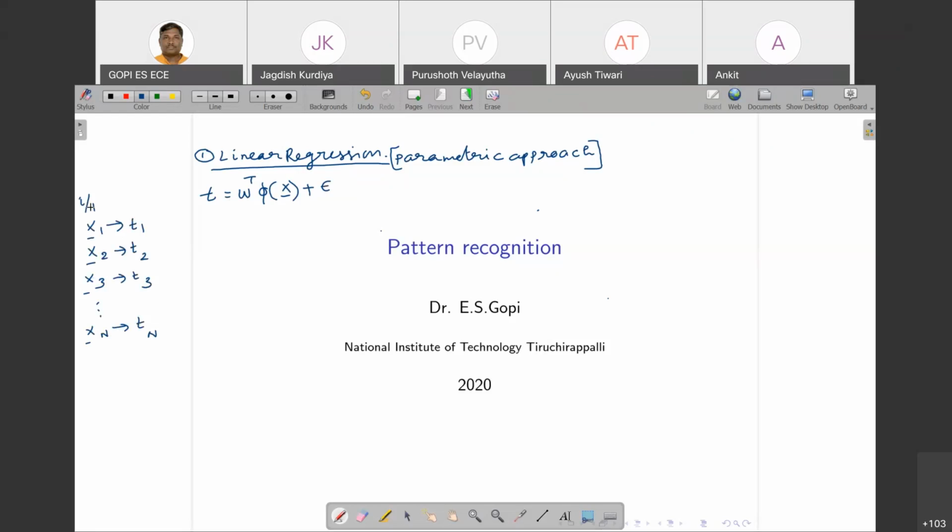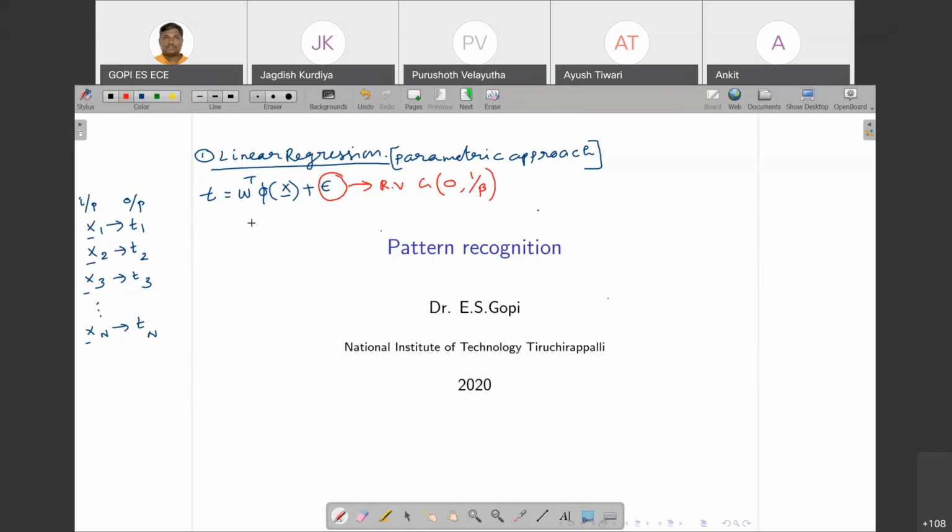You have this input and the corresponding target, which is the noisy one. And in this, epsilon is the random variable which is modeled as Gaussian with mean 0 and variance 1 by beta, right? So that is the thing.